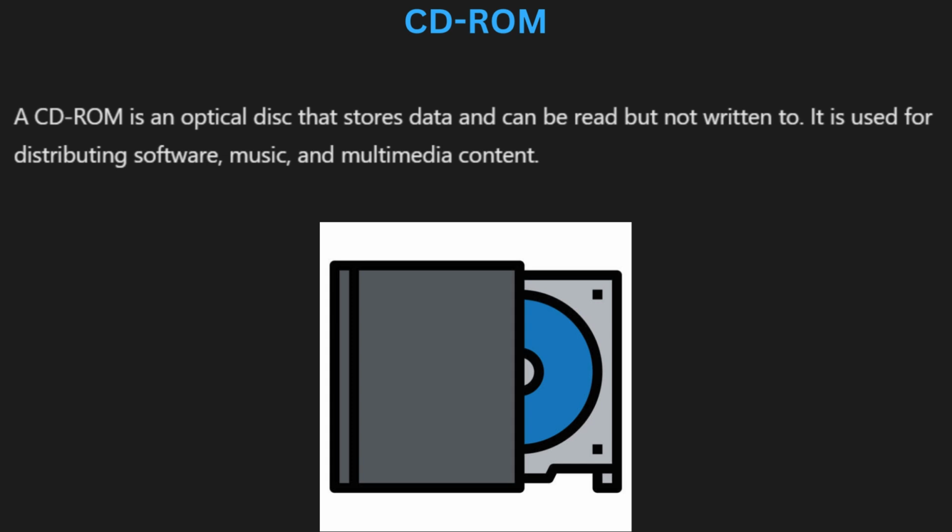CD-ROMs were widely used for the media distribution before the rise of the USB drives and cloud storage. While they offer the reliable storage, CD-ROMs are read-only, meaning you cannot modify the data once it is written. So their storage capacity is limited compared to the modern media, holding around the 700 MB of the data.